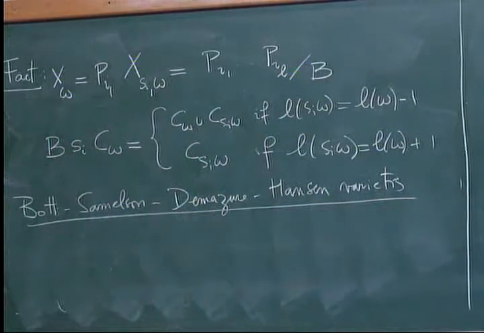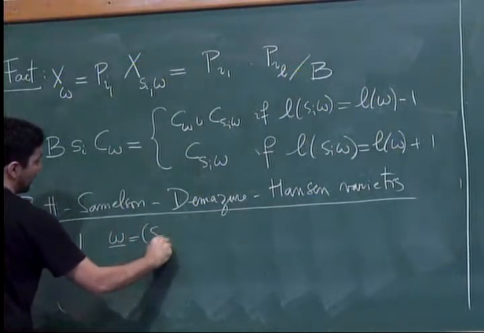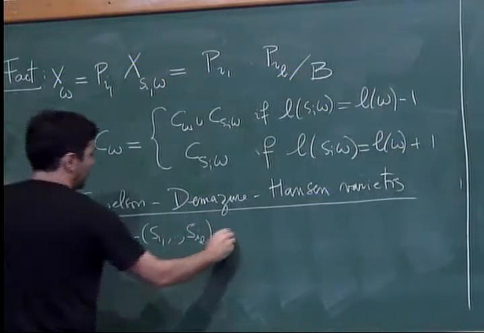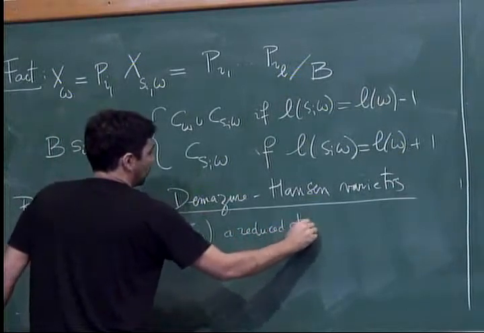As before, you start with w in the Weyl group. You consider w = s_{i1} up to s_{il}, a reduced decomposition.